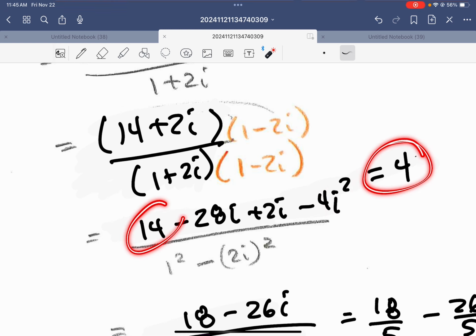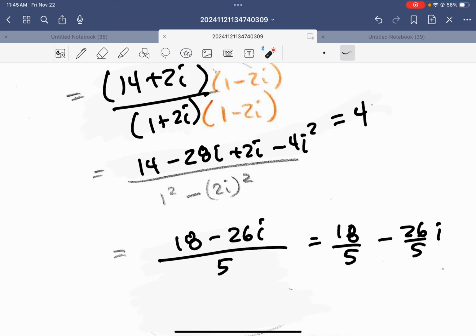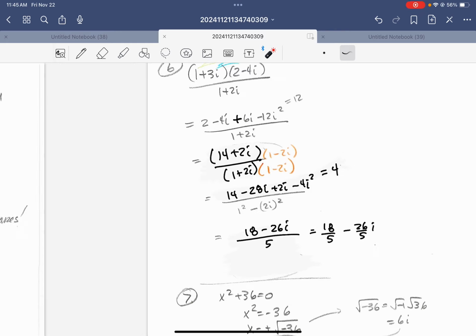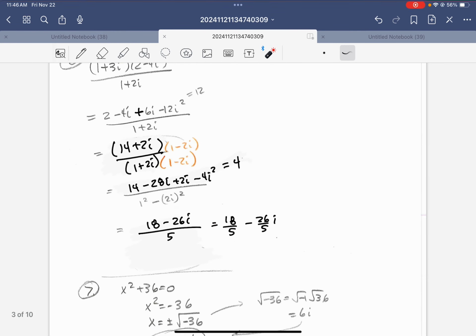So 4 and 14 give us 18, and these together give us -26i. The bottom is 1 squared, which is 1, minus 2i squared, which is -4. That ends up giving us 1 plus 4, which is 5, and then we break it apart because it needs to be a complex number.